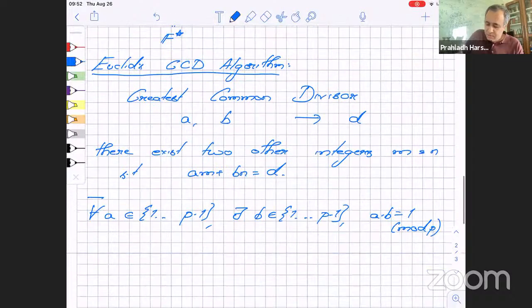Now, how do you do this? Why is this true? This is a fact which we needed to check. And for the proof of this fact, I'm just going to use Euclid's algorithm.